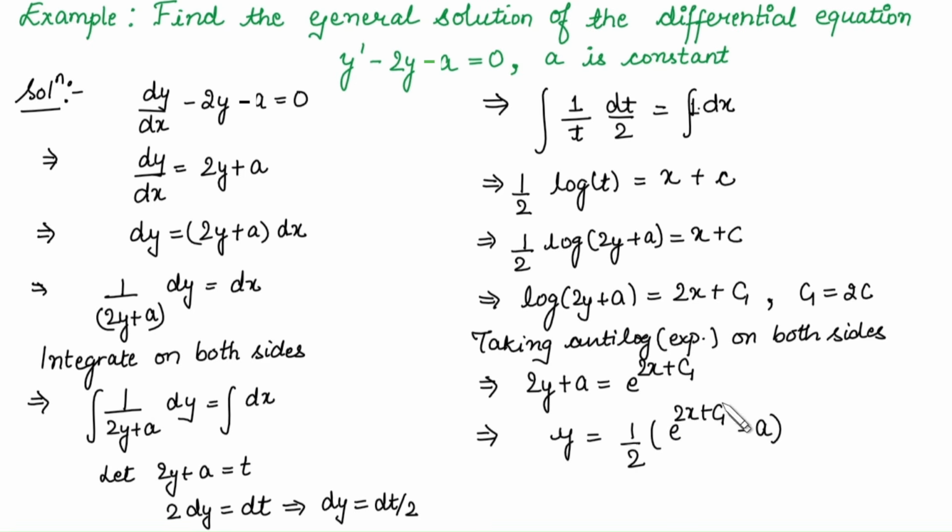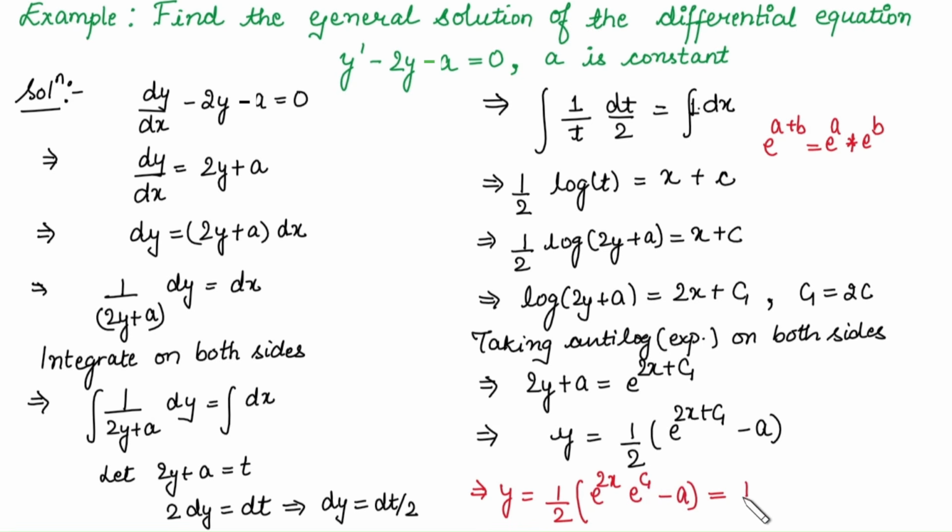We can also rewrite this exponential form with the help of a property, that is e raised to power a plus b can be written as e raised to power a into e raised to power b. Apply this property here. This results y is equal to 1 by 2 e raised to power 2x into e raised to power c1 minus a. c1 is a constant, and e raised to power constant is also a constant.